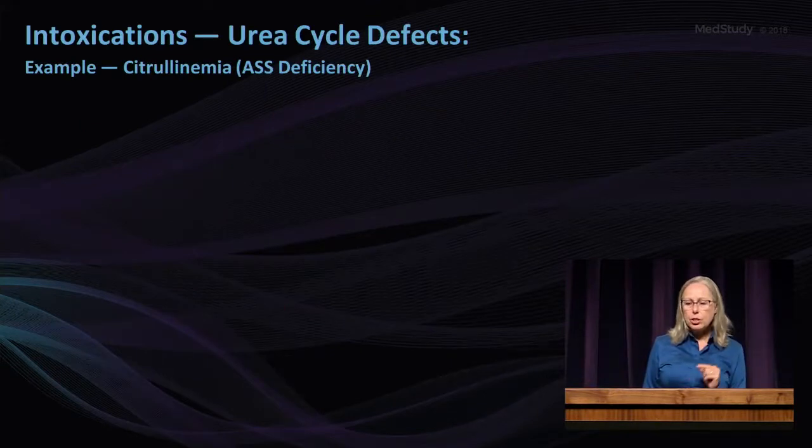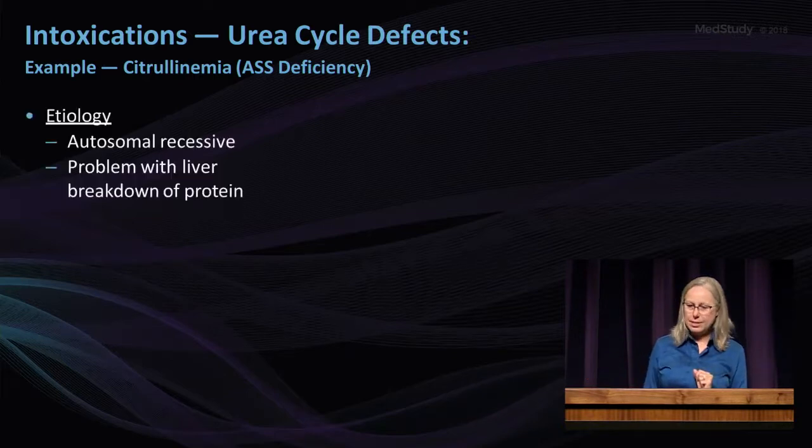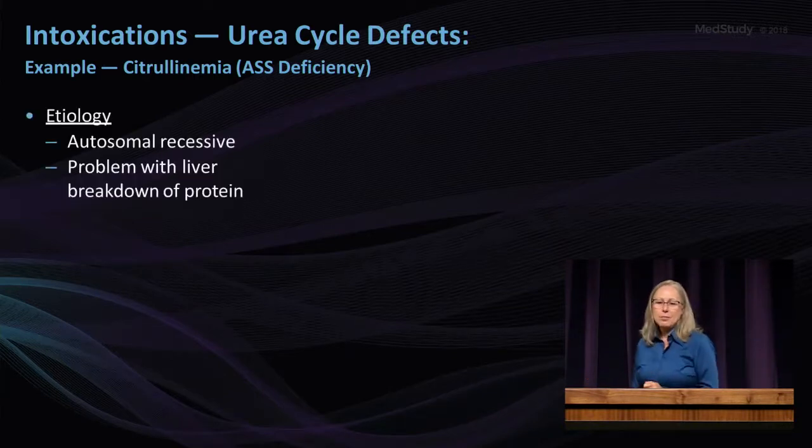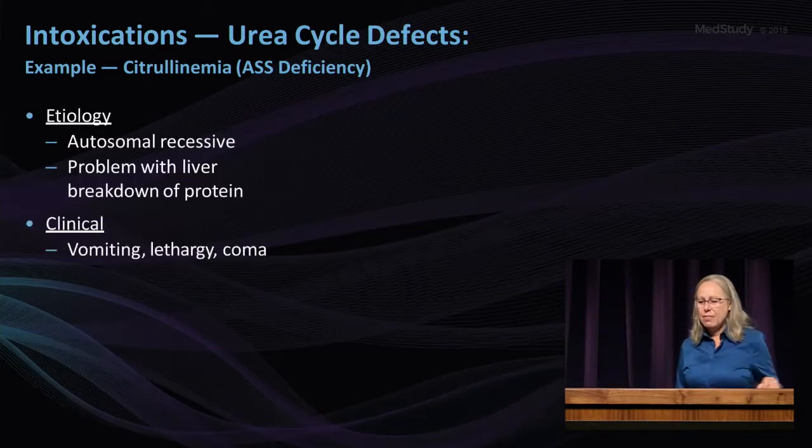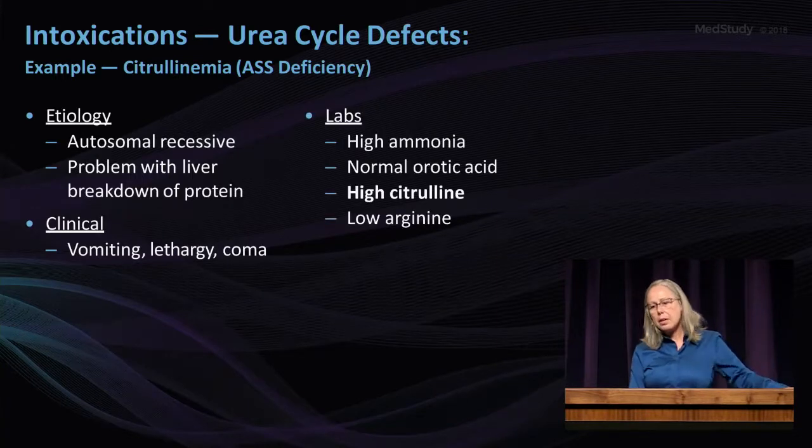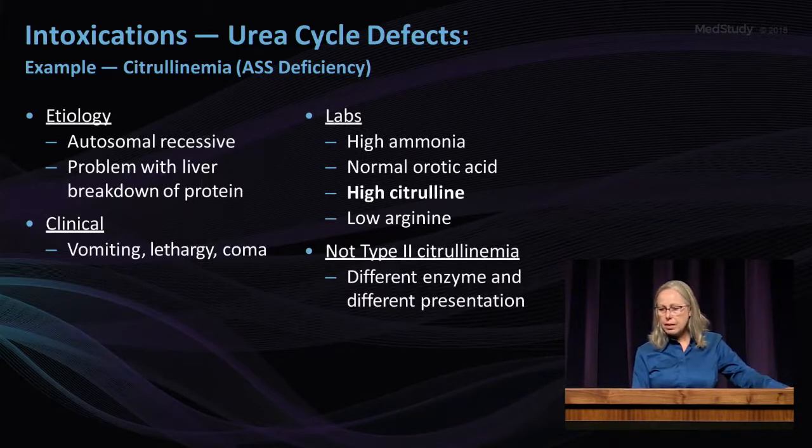Citrullinemia has an unfortunate abbreviation. It's argininosuccinate synthase, giving you ASS deficiency. Autosomal recessive, vomiting, lethargy, coma, high ammonia, normal orotic acid because you're moving a little bit further into the cycle, high citrulline, low arginine.